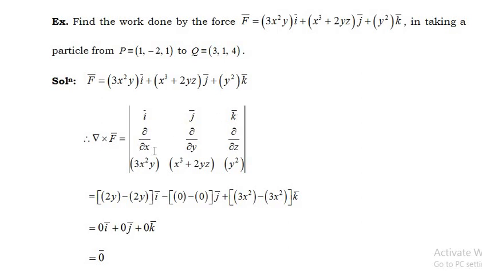Second row will be components of del: ∂/∂x, ∂/∂y, ∂/∂z. Third row will be components of F bar: 3x²y, x³ + 2yz, y².